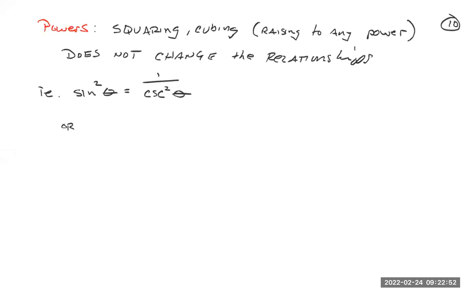Or tangent squared of theta is sine squared of theta over cosine squared of theta. That's all. So if you see these powers, as long as they're the same powers, they don't change the relationships at all.